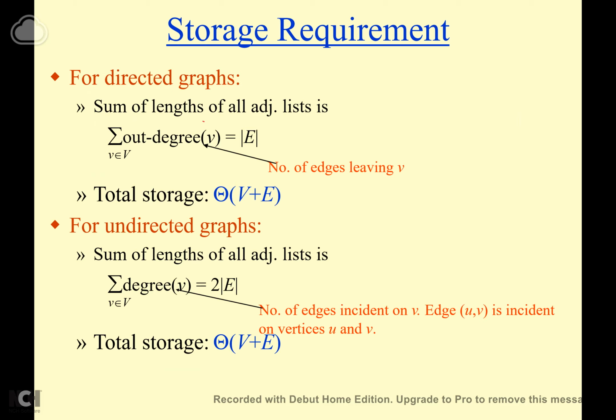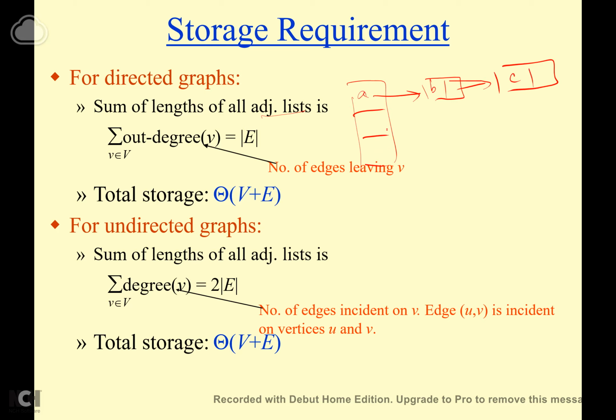For a directed graph, the sum of the lengths of all the adjacency lists is equal to E. The total storage is V plus E, right? It makes sense, because each specific vertex has one linked list to represent the outgoing edges, corresponding to which node this node connects with, right?